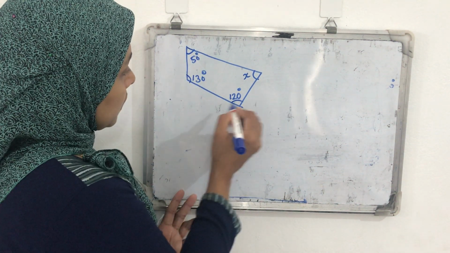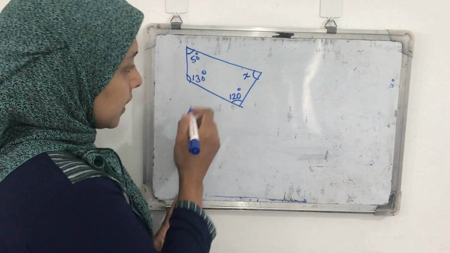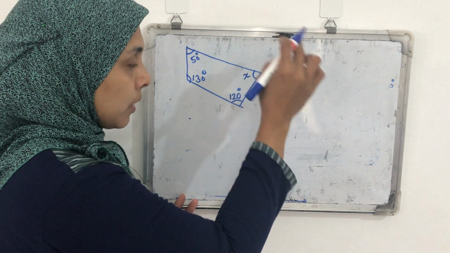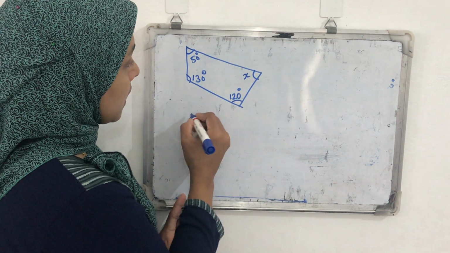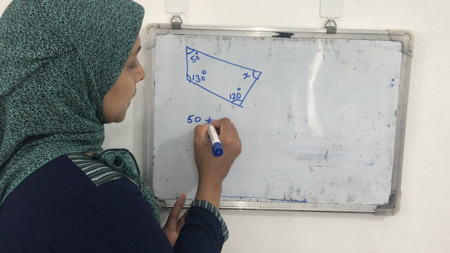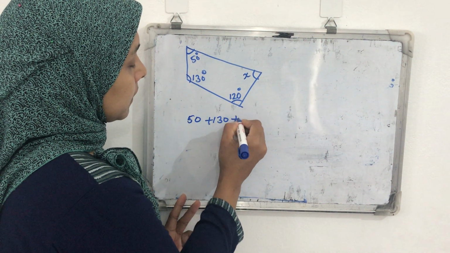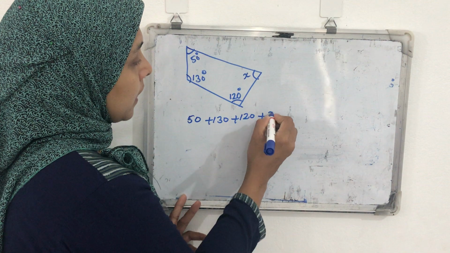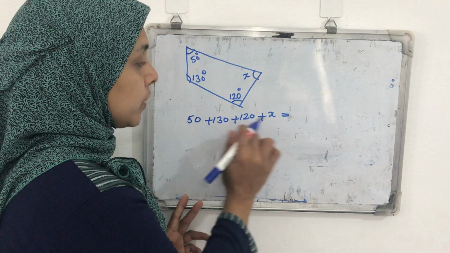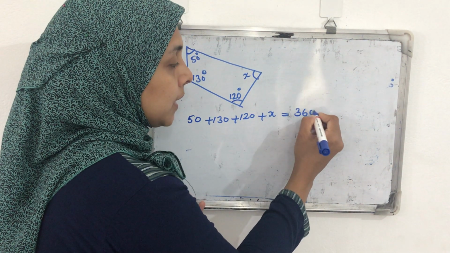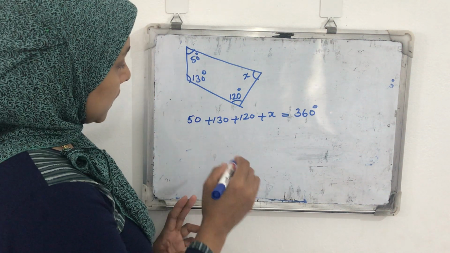Otherwise, we can write, using the angle sum property of a quadrilateral, 50 plus 130 plus 120 plus x equals the sum of these 4 angles, which is 360 degrees.